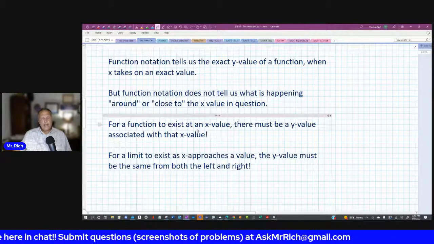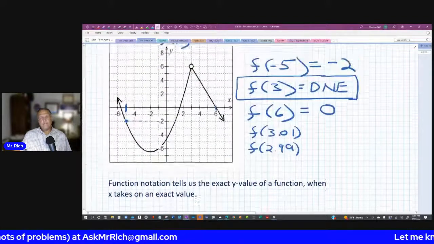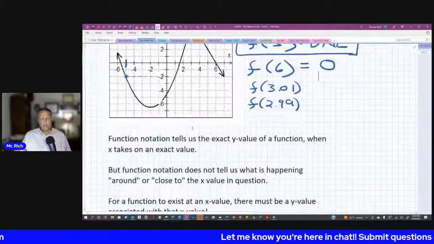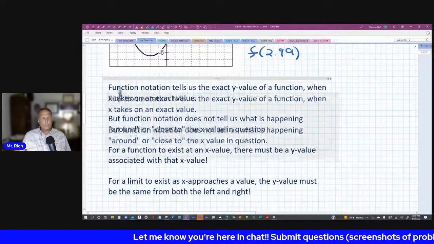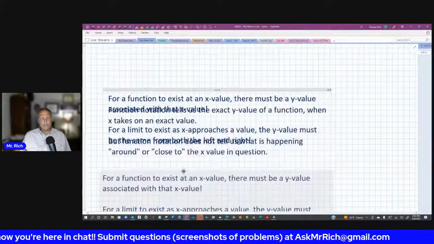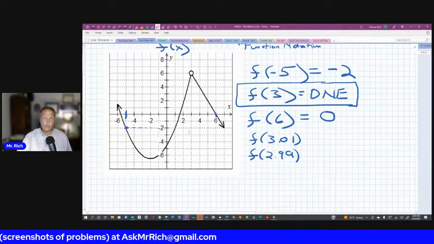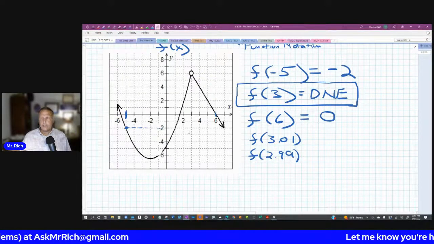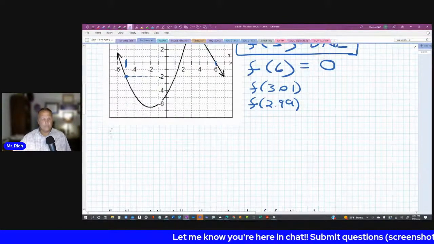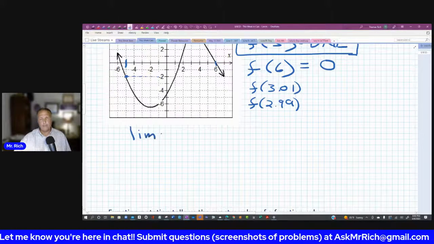Now, I want to talk about what limits are going to tell us. If you haven't seen limits before, I'm going to move this out of the way and show you what limit notation looks like. You know what function notation is, but here's limit notation. I'm going to use an abbreviation, LIM, for the limit.